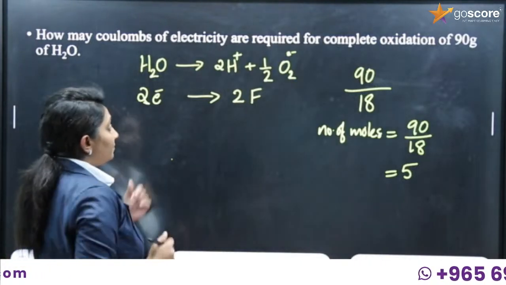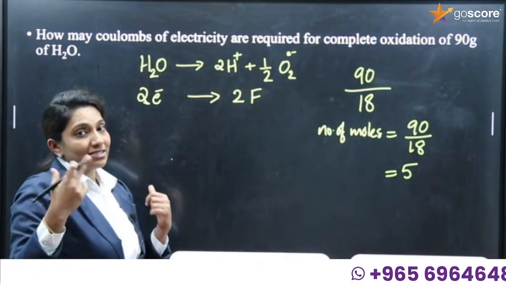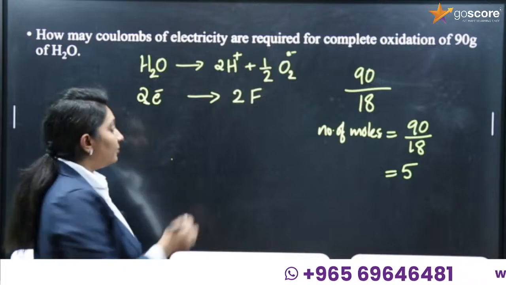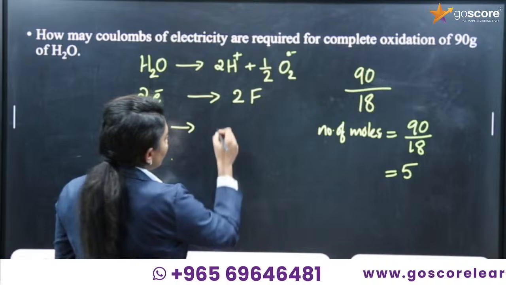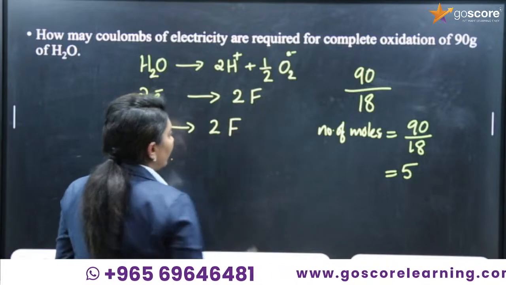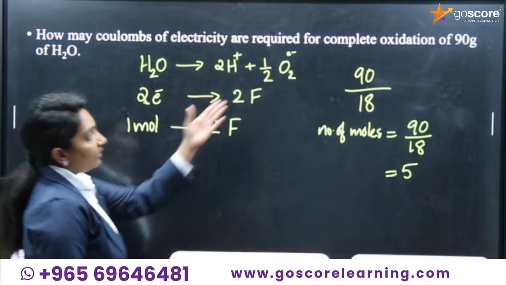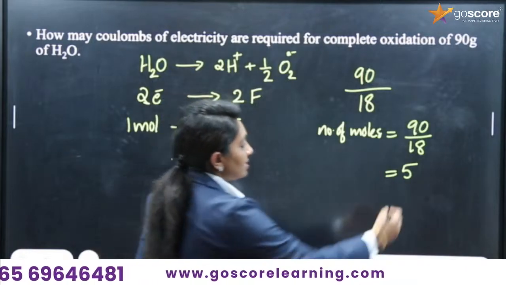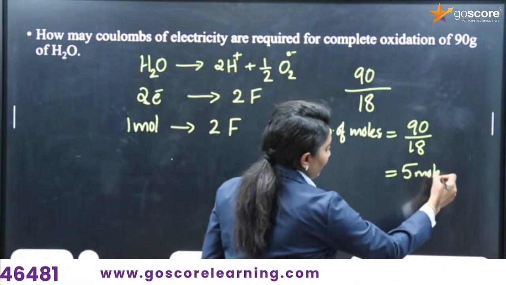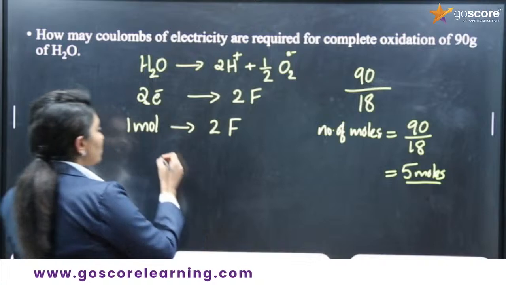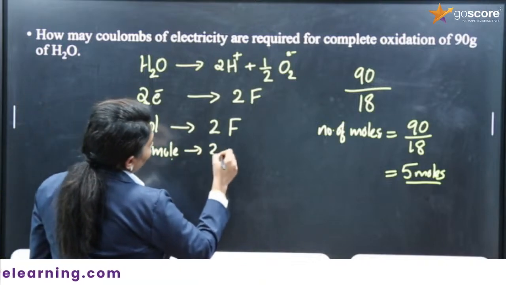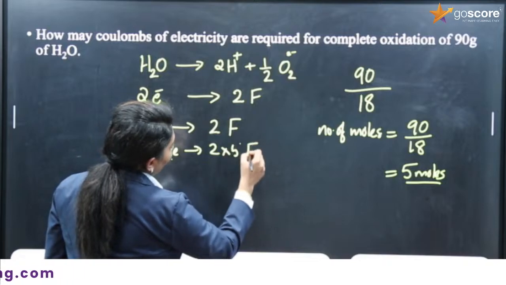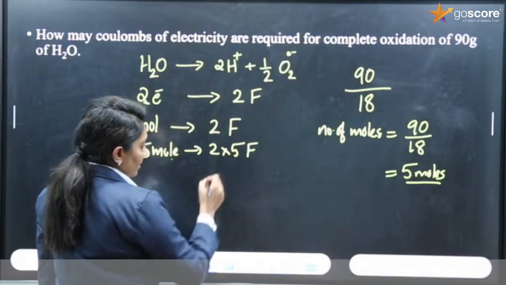So here from this balanced equation, it is clear that for 1 mole of water, you require 2 Faraday charge, right? So 90 gram water means it is 5 moles, isn't it? So for 5 moles of water, it's nothing but 2 into 5 into Faradays.